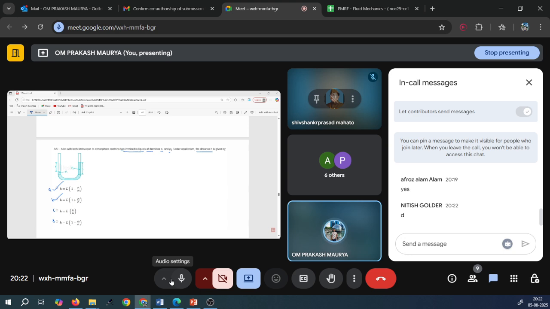Please everyone just try to write your answer in the chat box. Okay, Nitish is telling option D, h is equal to L1 minus rho 2 by rho 1. Other students, please also try to write.